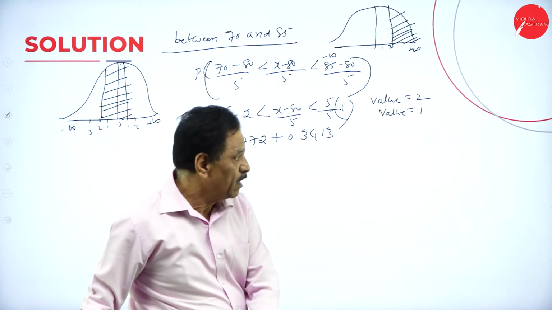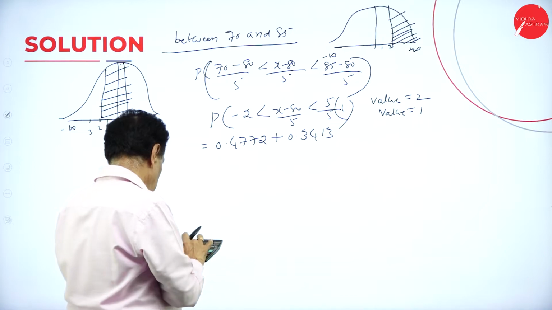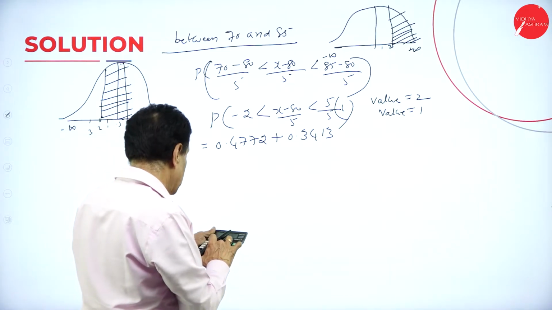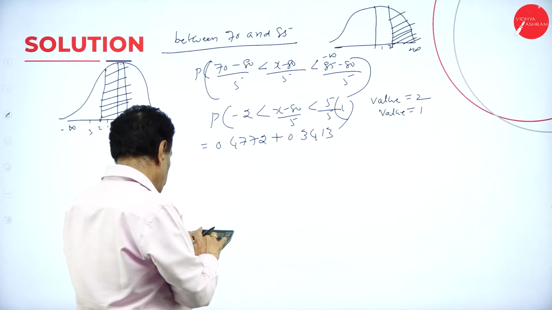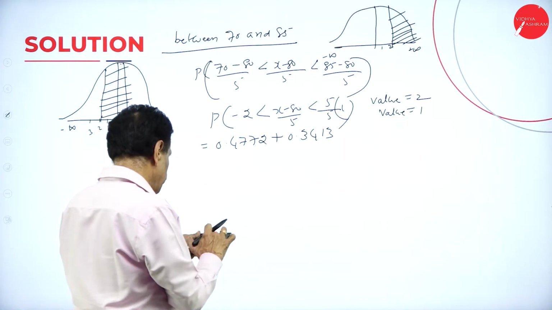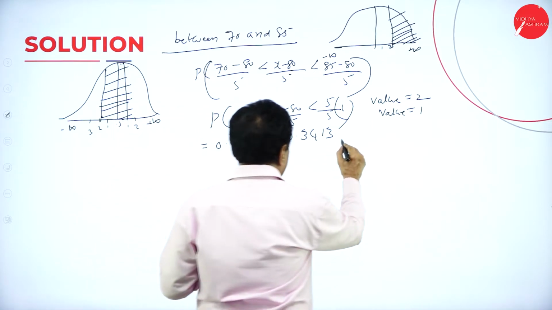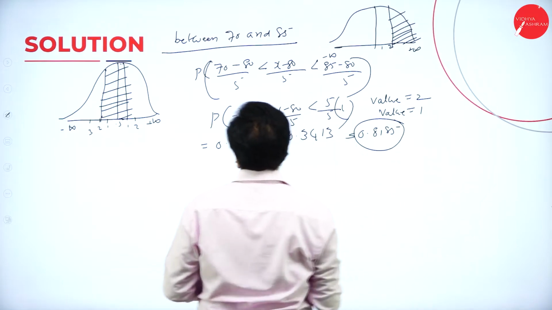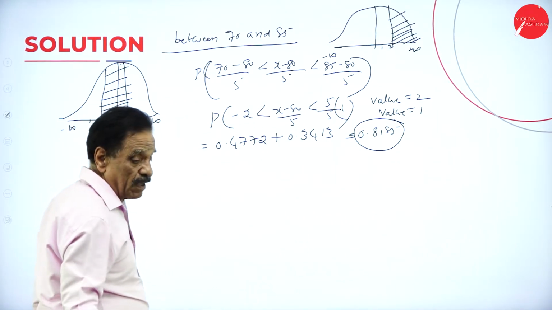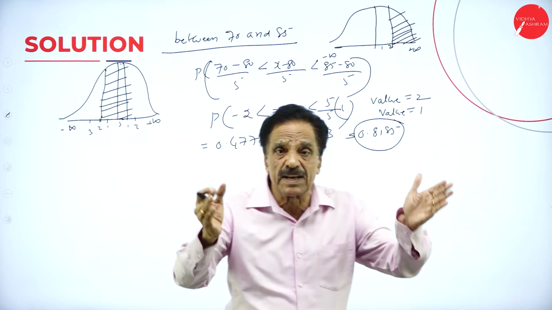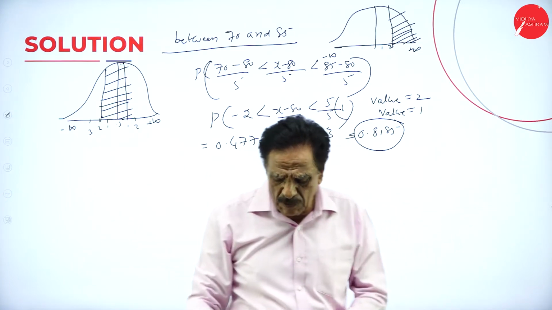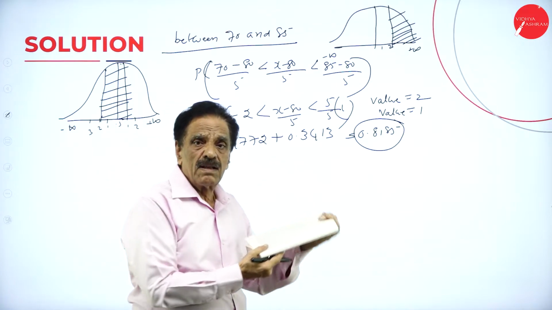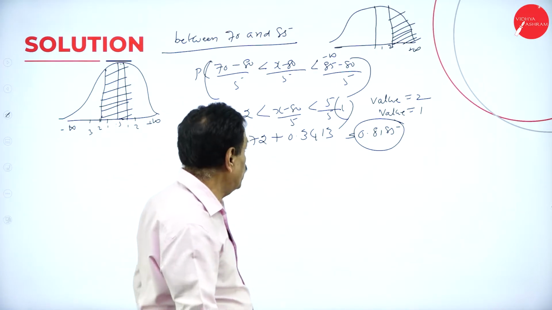Add them: 0.4772 plus 0.3413 is 0.8185. This is the way you have to write. If the answer comes on the left side and the right, both should be added. Whatever the table gives, according to the table you have to look up. So this is the answer for the 2nd.